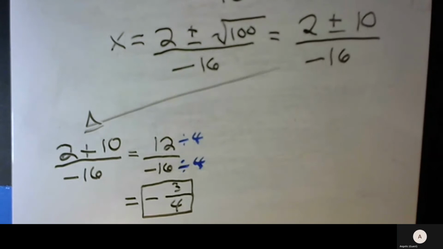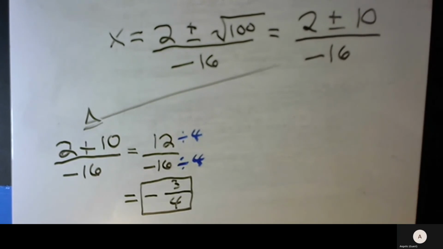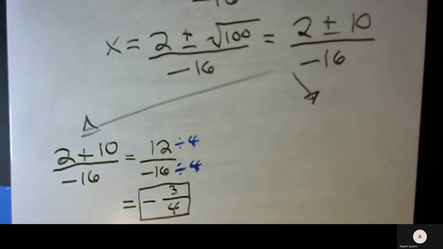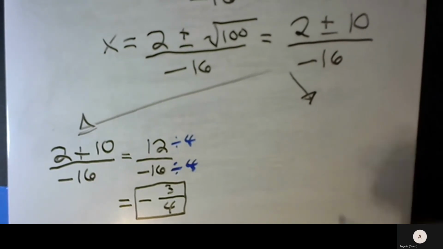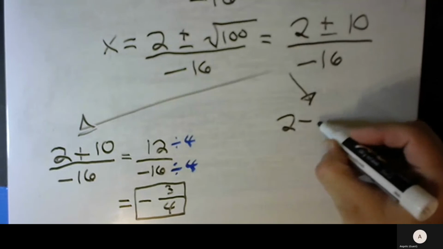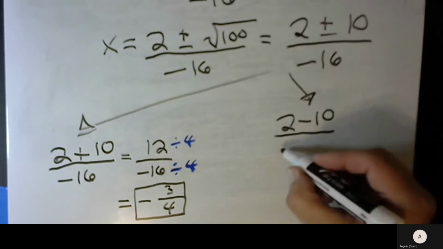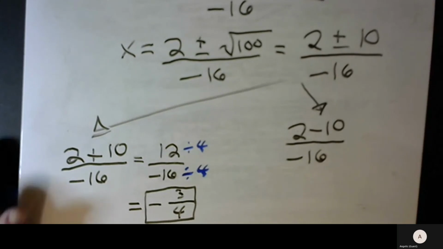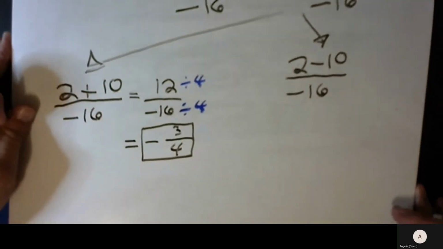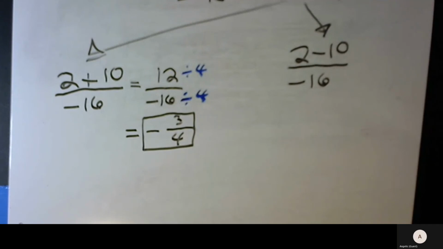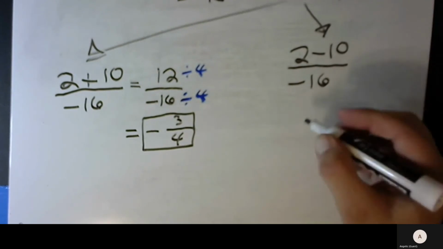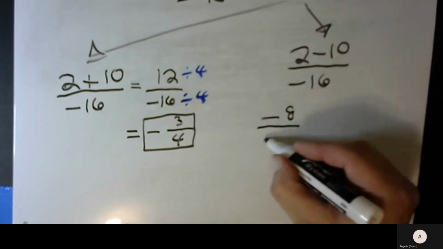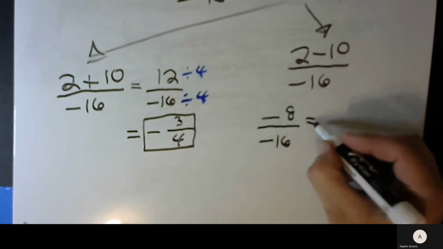So let's take a look at this plus or minus again. Now what we're going to do is consider the minus. So we look at 2 minus 10 over -16. Now 2 subtract 10, what you're going to get is -8 over -16.